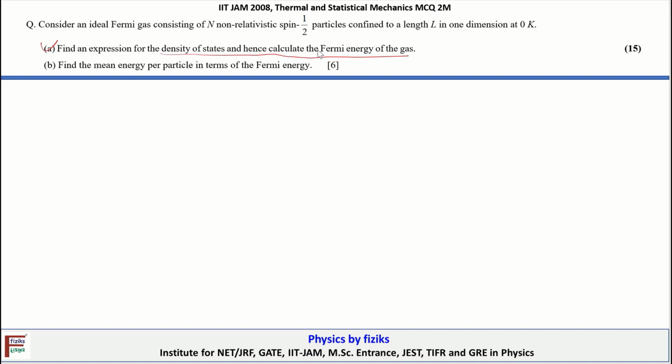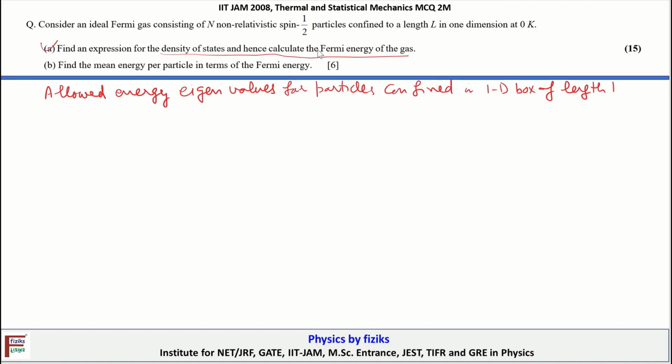So we are given a system of n non-relativistic spin-half particles, and when they are confined to a length L in one dimension, the corresponding allowed energy eigenvalues for particles that are confined in a one-dimensional box of length L are given by E equal to n square h square upon 8 m L square, where n can take values 1, 2, 3, and so on.